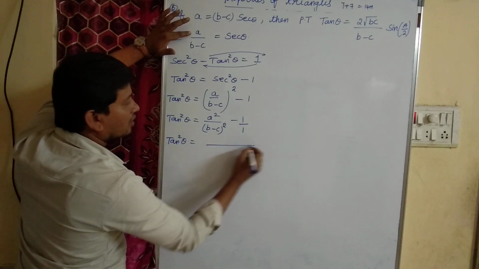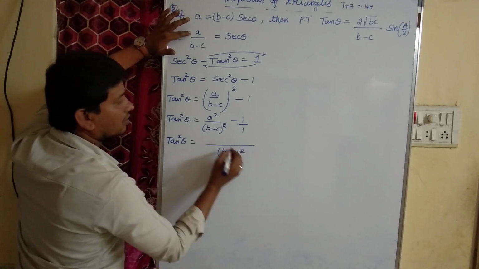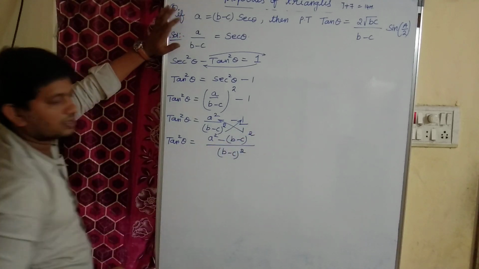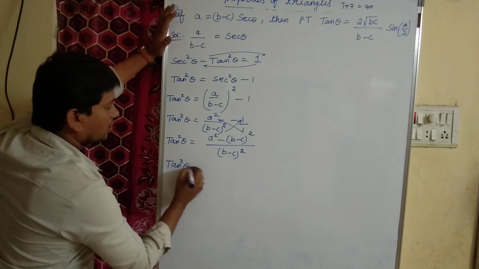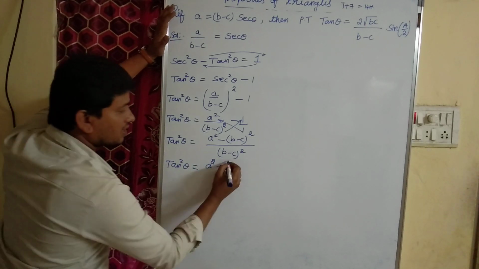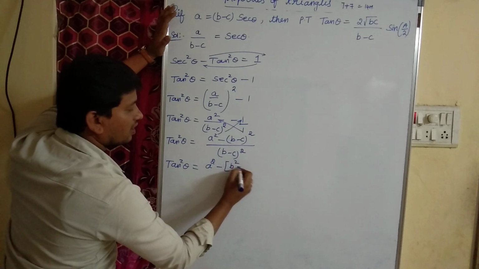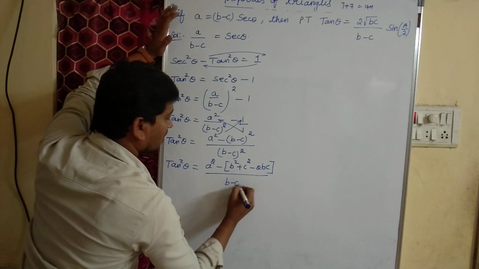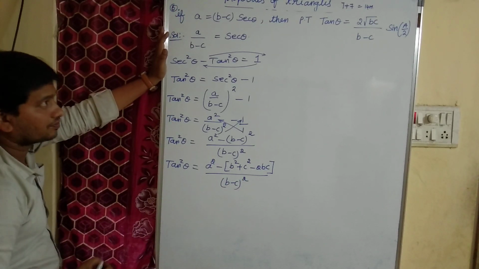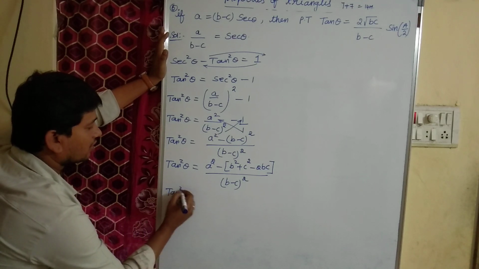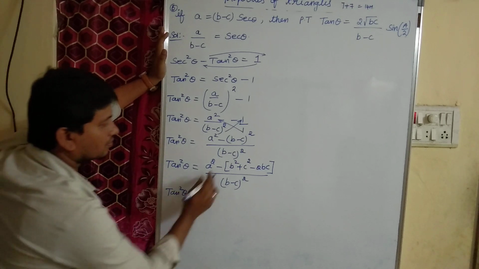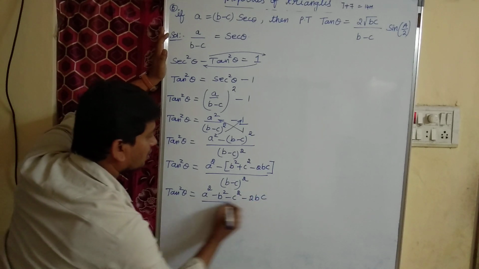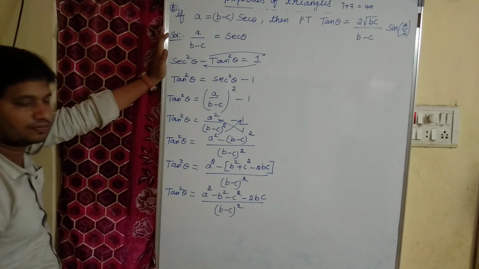So tan²θ equals, taking the LCM (b − c)², [1 into a² − 1 into (b − c)²] divided by (b − c)². So tan²θ = [a² − (b − c)²]/(b − c)², which is [a² − b² − c² + 2bc]... I mean, a² minus (b² + c² − 2bc), divided by (b − c)². Right? So tan²θ = (a² − b² − c² + 2bc)/(b − c)².